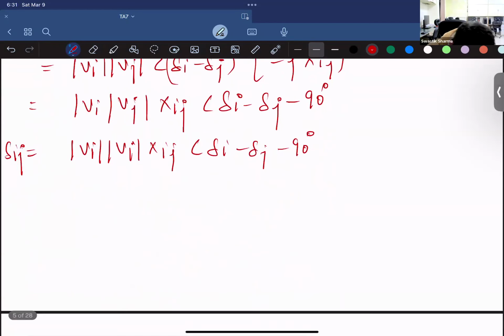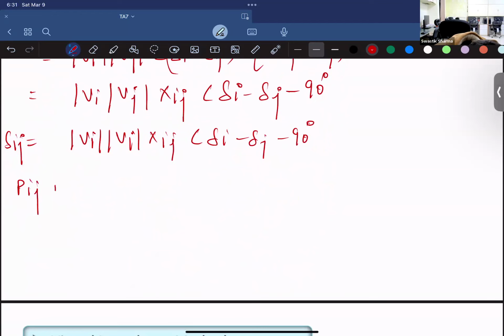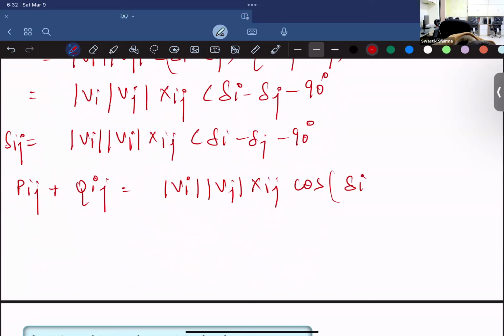Now let's try and find out Pij plus j Qij, because Sij is nothing but your Pij and Qij. And this would be cos of delta I minus delta j minus 90 degrees plus j times sine of delta I minus delta j minus 90 degrees.